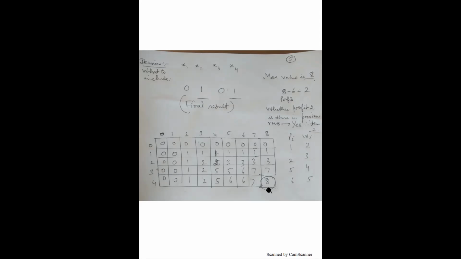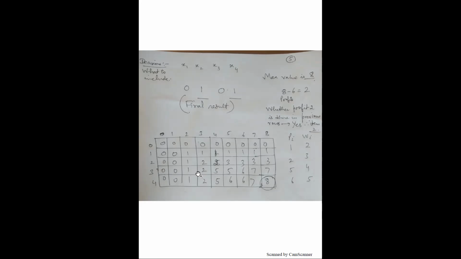Now, if item 4 is definitely there, what are the other items? Let's look. Now remaining is 2. Look at row number 3. Is there any 2? Yes, 2 is there in row 3. Does it correspond to item 3?